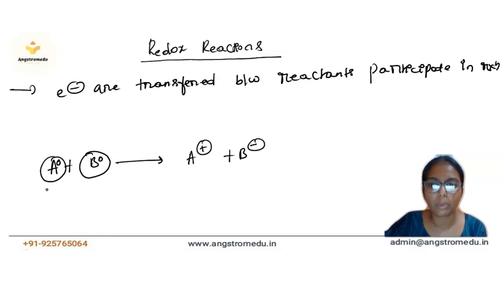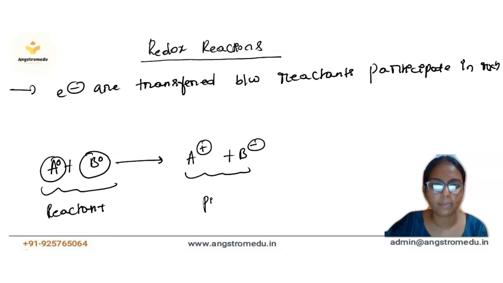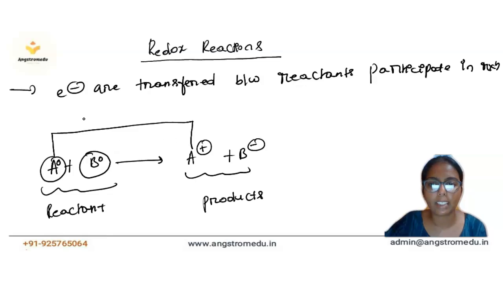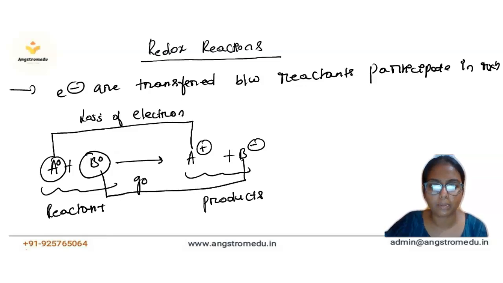Here the reactants are on one side and these two are the products. If you look at A, it loses an electron, the loss of electron. And if you look at B, there is a gain of electron.